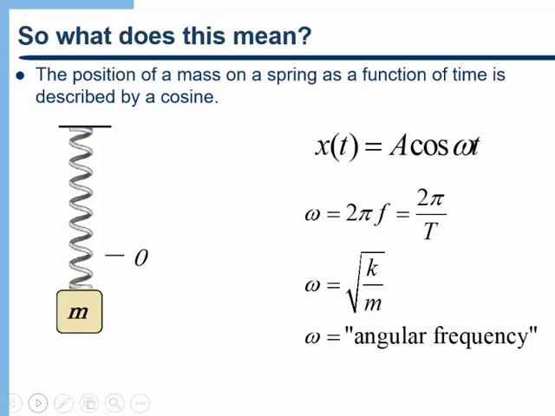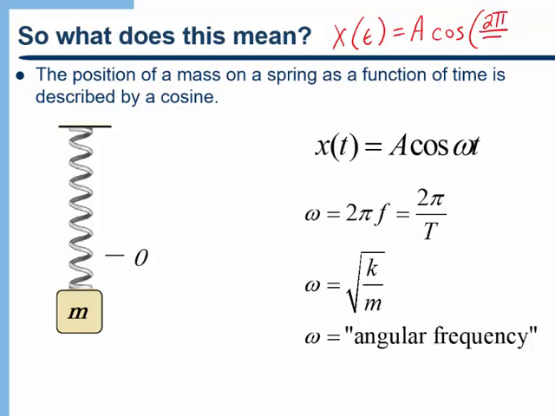So what does that mean? What have we learned? Well, first of all, remember what omega means. This is something that you've seen a number of times in math, and that is that when we write a cosine omega t, that omega is a shorthand for 2 pi times the frequency, or 2 pi over the period. Remember, the whole idea here is when I want a cosine or a sine function to be periodic over something other than 2 pi, what I do is I write 2 pi over the thing that I want it to be periodic in.